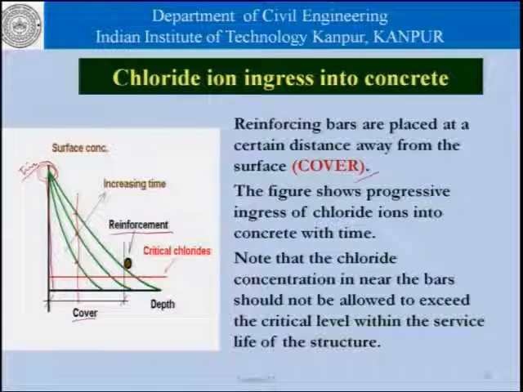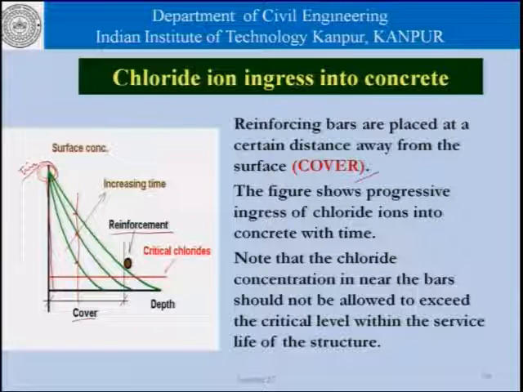And now, as far as our previous model in terms of corrosion initiation is concerned, we should understand that chloride concentration in the neighborhood of the bars should not be allowed to exceed the critical level within the service life of the structure.